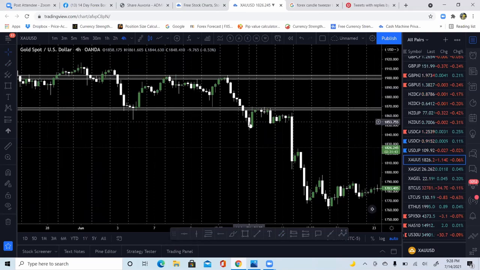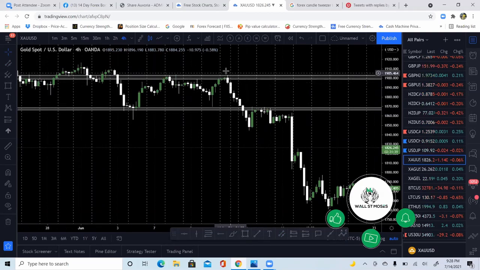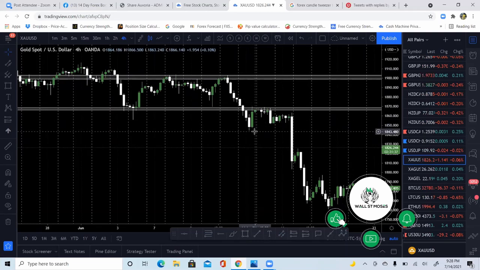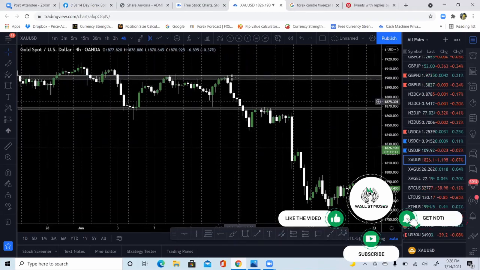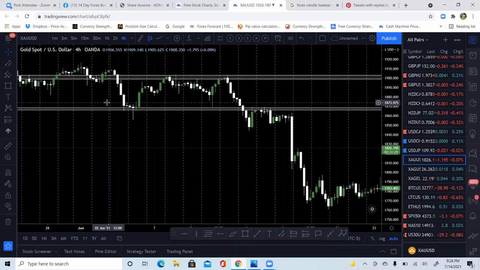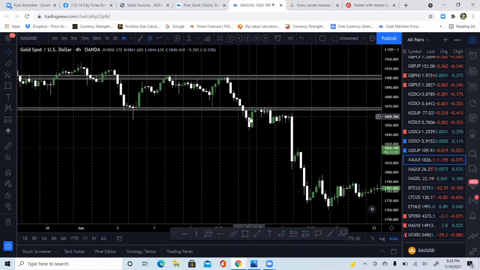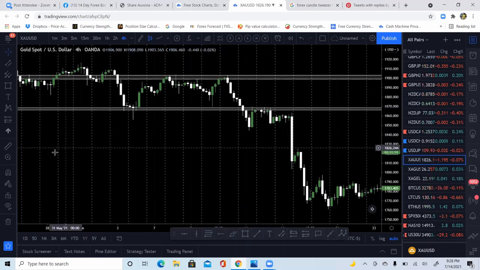You have the move, you have the pullback, and you're trying to figure out, because you know it's downward momentum. You know the market now is bearish, because it was confirmed up here and then really confirmed with this move. So now you're looking for sales, and you're trying to figure out if this is a valid area for the market to turn around and continue to sell, or to end the pullback.